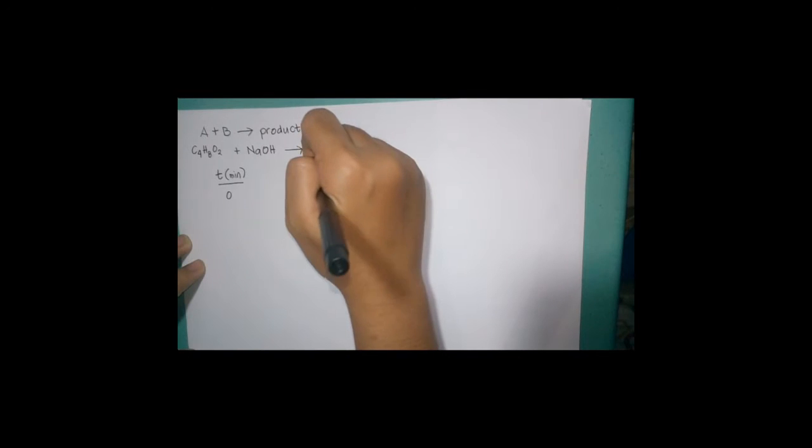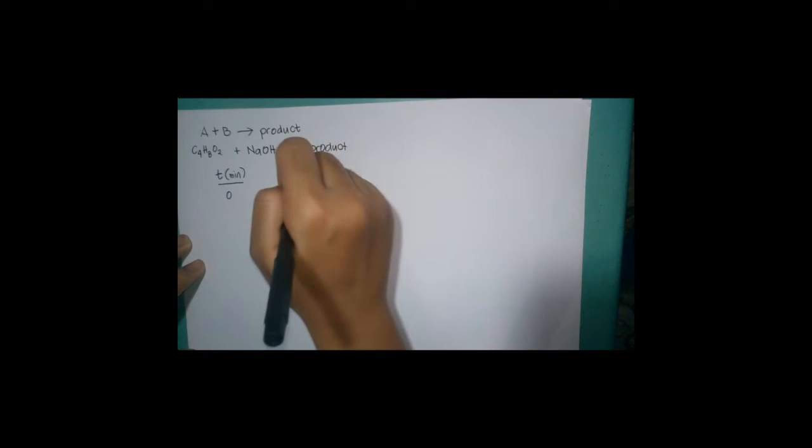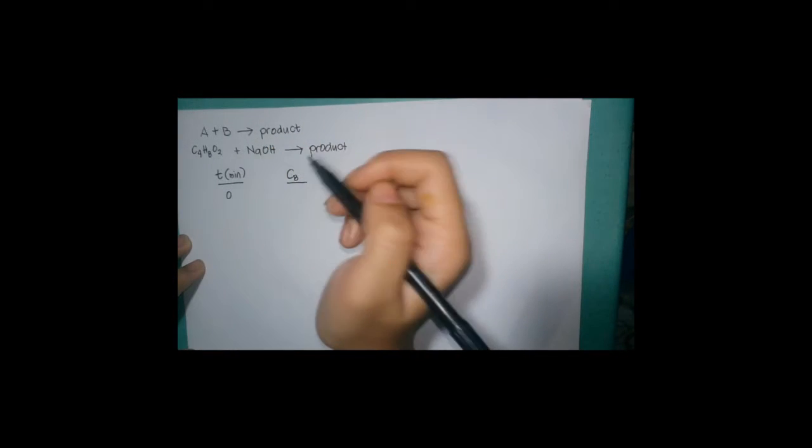We have T, where our time is in minutes, T at 0, and our CB, because HCl is used for neutralization, which will give an equivalent of NaOH, which is CB.